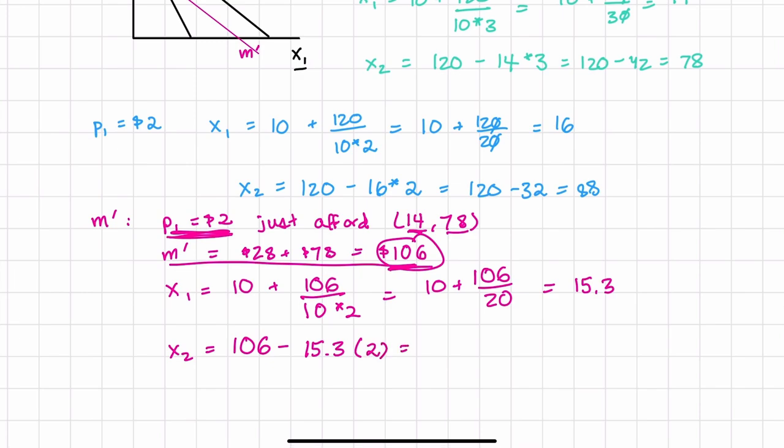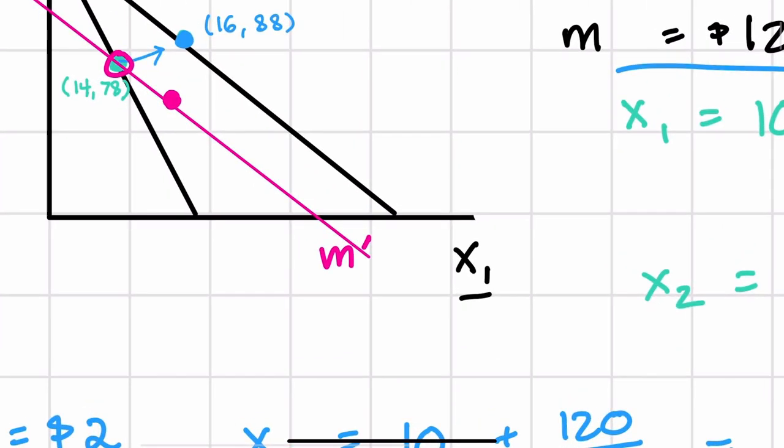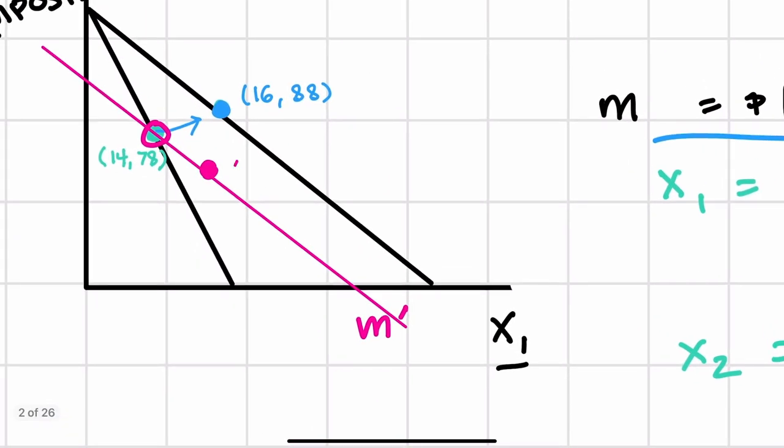Again, go to the calculator, 106 minus 15.3 times 2 comes out to be 75.4. So that's our point right here in pink. 15.3, 75.4. And you can see, should make sense.